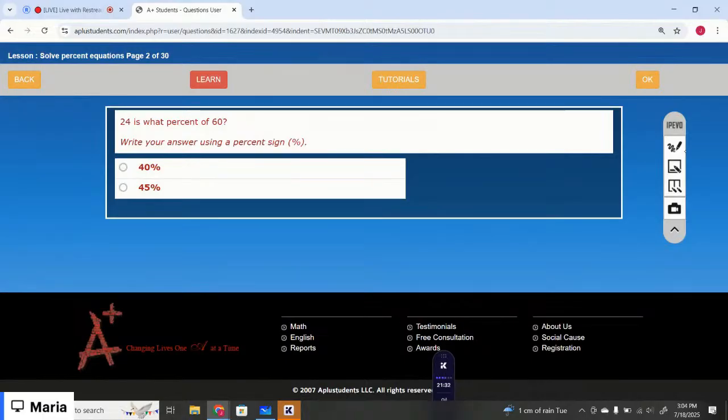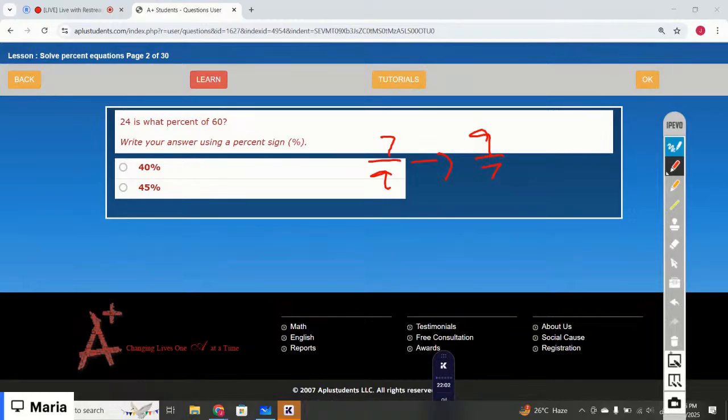24 is what percent of 60? That means 24 over 60 equals P divided by 100, right?